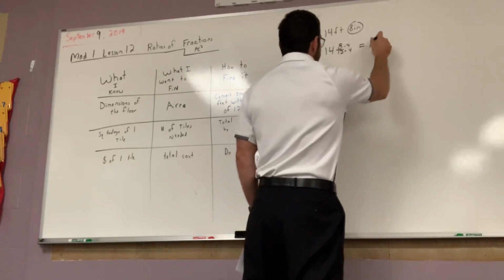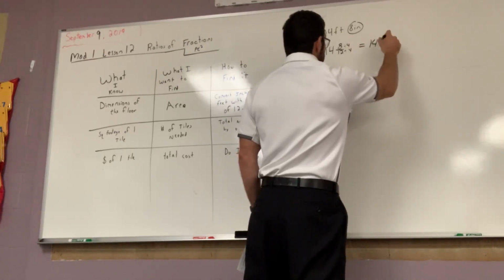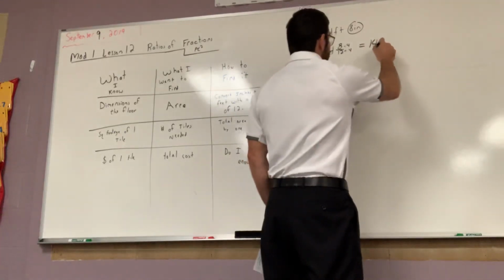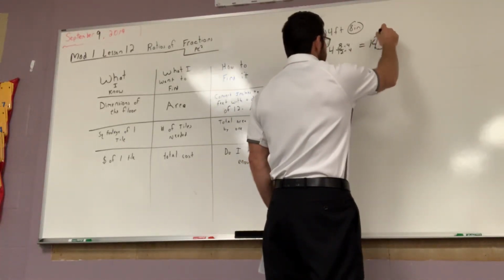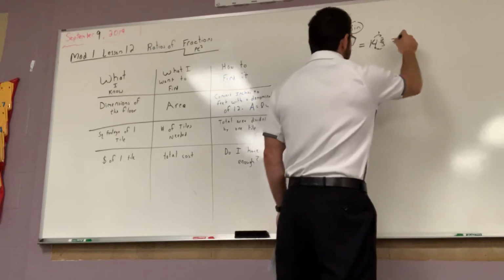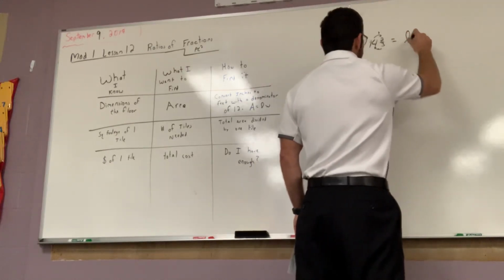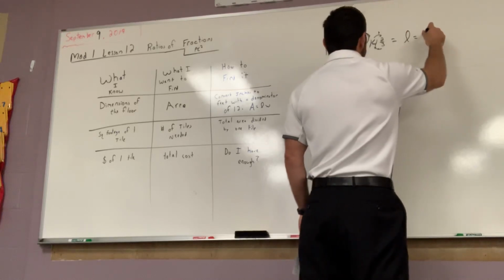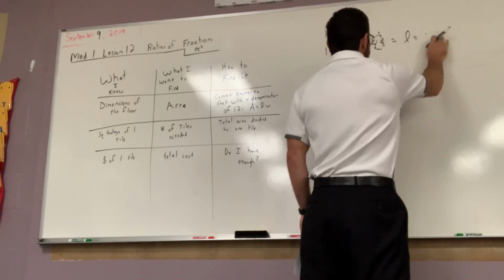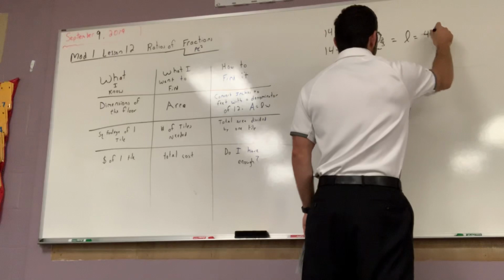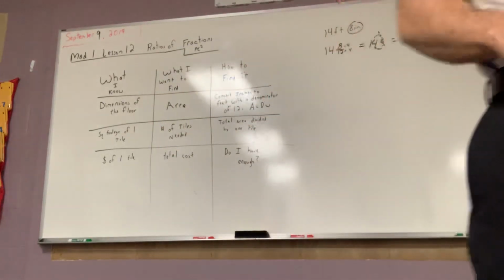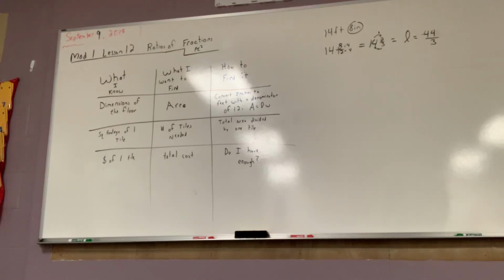So now I have 14 2/3 feet. So I multiply, I add. So that gives me my length, and that's 3 times 4 is 12, carry the 1. That's 42 plus 2. That gives me 44 thirds. And I'm going to come and double check because I don't want to screw this up. So far I'm liking it.